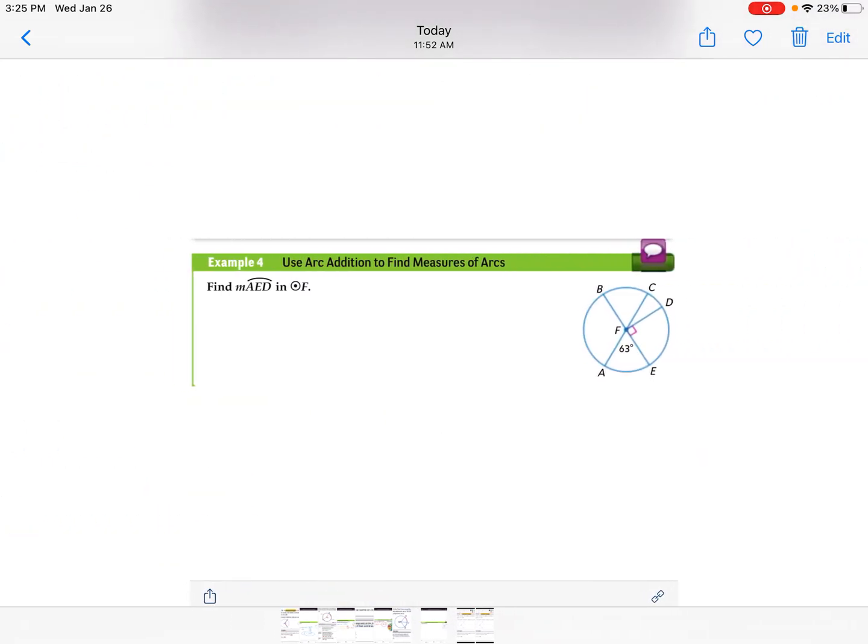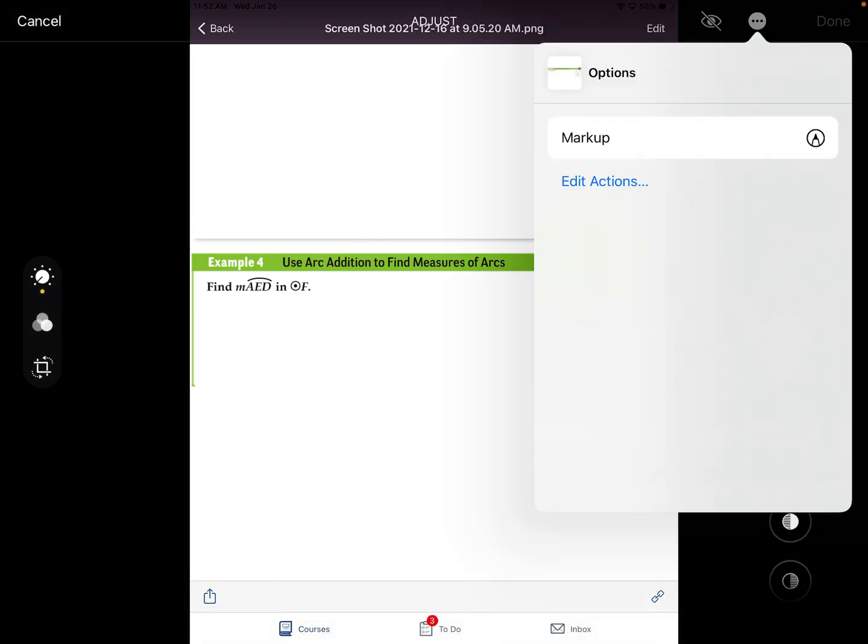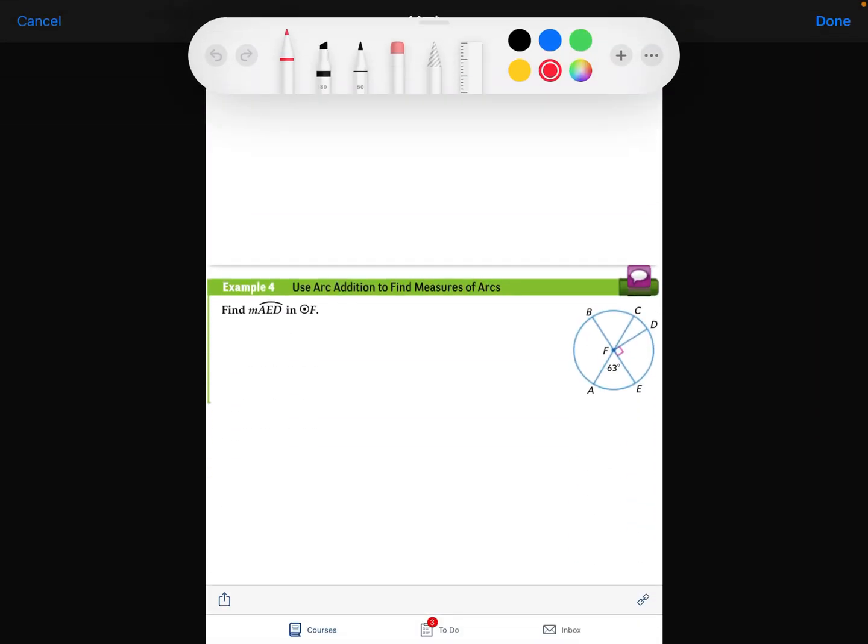Now we want to find the measure of AED in circle F. AE and DE are adjacent arcs. We know AE is 63, and the measure of DE is 90.